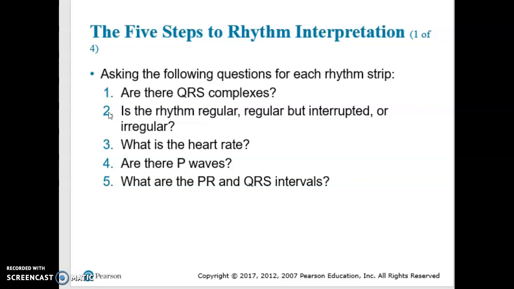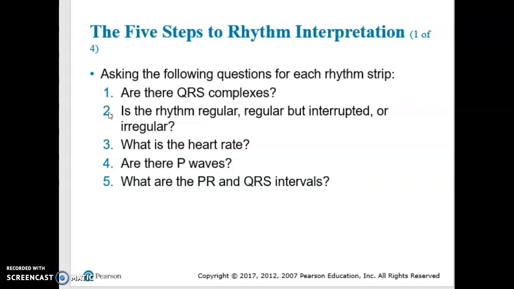But if it's irregular, we want to use that 6-second strip method and find the heart rate range along with the mean heart rate.